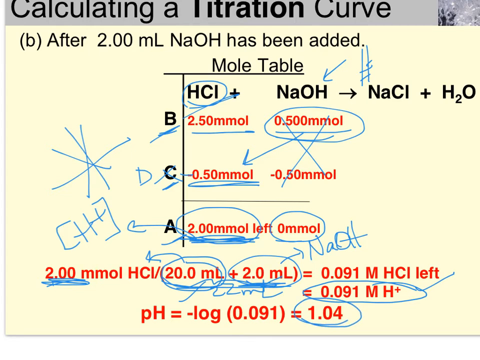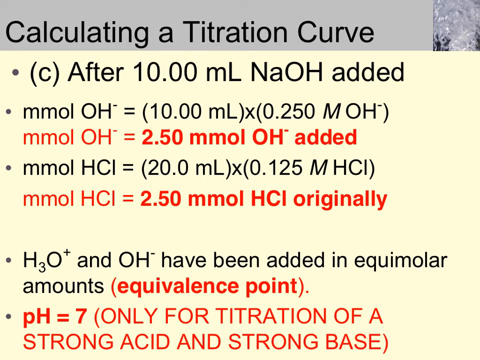That makes sense because our original pH was 0.90. We would expect the pH to be gradually rising. We're adding hydroxide, a base, so that makes total sense. Let's repeat what we just did, only instead of finding the pH after we've added 2 mLs of sodium hydroxide, let's calculate the pH after adding 10 milliliters of sodium hydroxide.